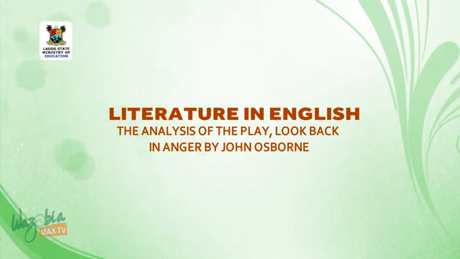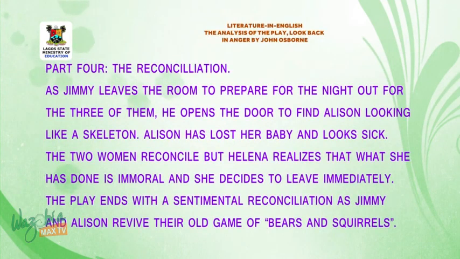Students, welcome to the second segment of today's lesson. Continuation of plot summary. Part 4 is titled The Reconciliation. As Jimmy leaves the room to prepare for the night out for the three of them, he opens the door to find Alison looking like a skeleton. Alison has lost her baby and looks sick.